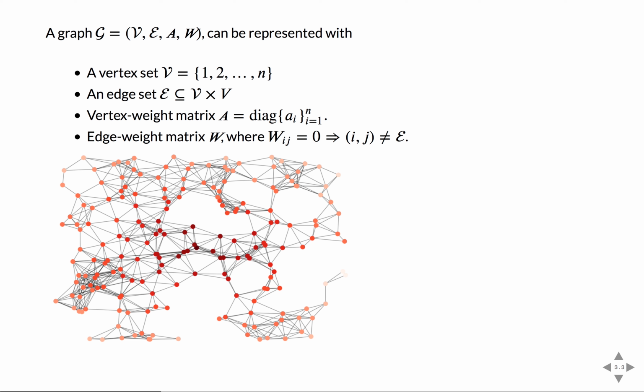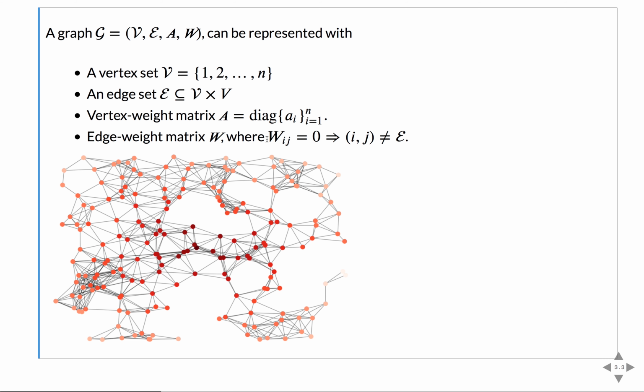So we have just a set of n vertices and a set of edges, which are pairs of vertices. And generally, you can give each vertex a weight, and you can give each edge a weight. So generally, you have this weight matrix, which is the diagonal matrix of vertex weights, sorry. And you have this edge weight matrix, which is also the adjacency matrix. So it would be 0 if there is no edge connecting two vertices, and otherwise it would be some weight.